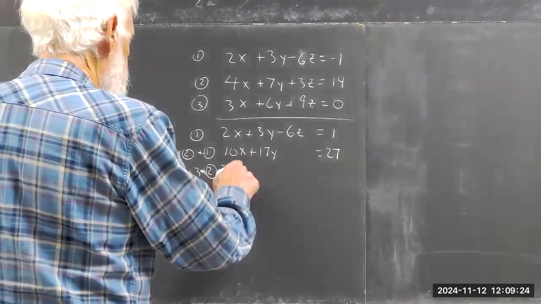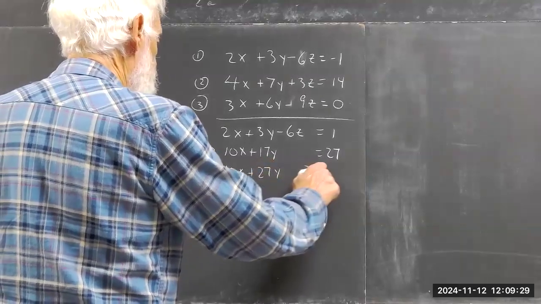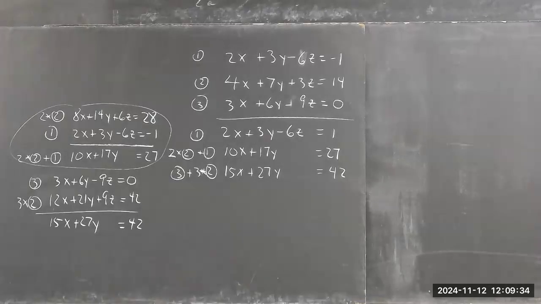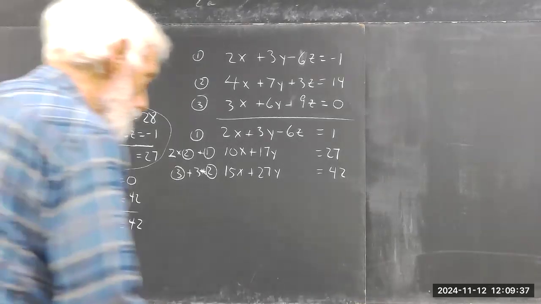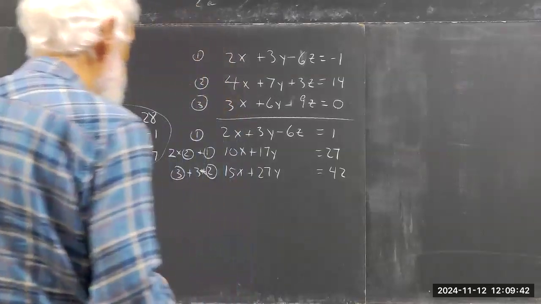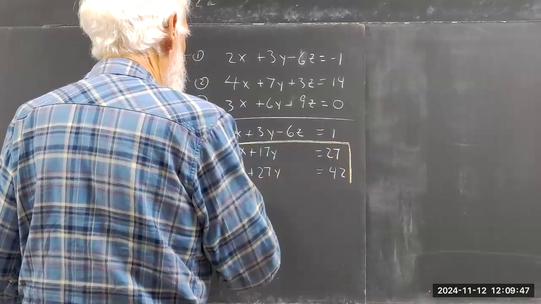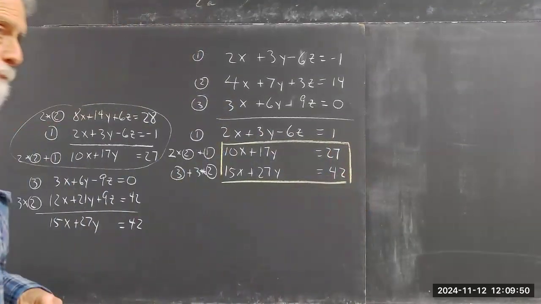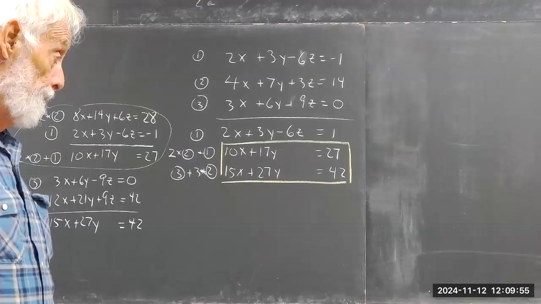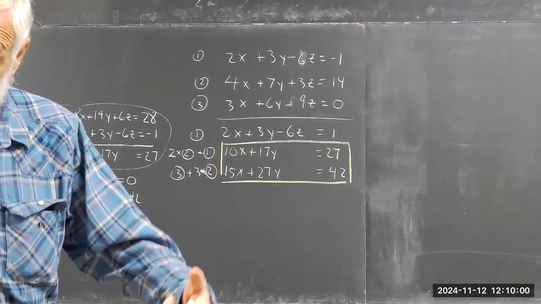So now we have 15x plus 27y equals 42. Now, what you have here is 2 equations and 2 unknowns. You can eliminate x or you can eliminate y and solve for the other variable as we did previously.